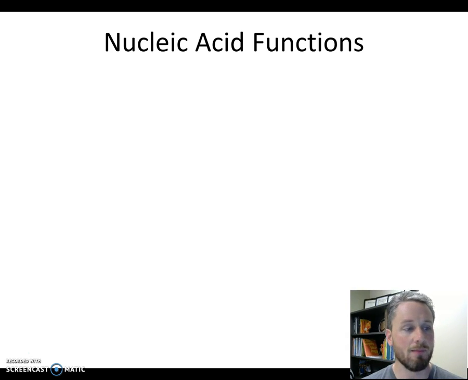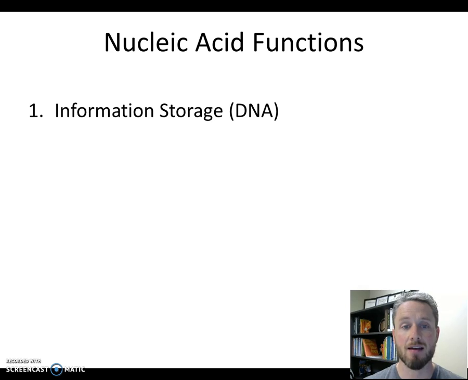So let's start by thinking about what nucleic acids do. So nucleic acids serve two primary functions. The first is that nucleic acids perform information storage. So specifically, our DNA inside our cells stores information about how our cells can perform functions, right?